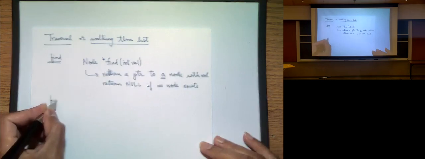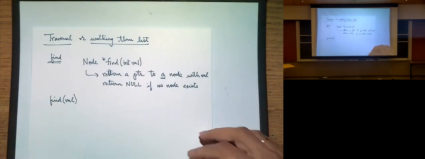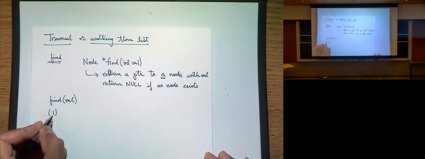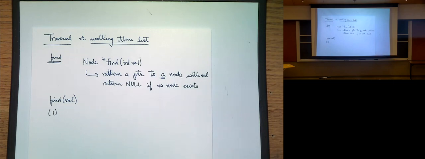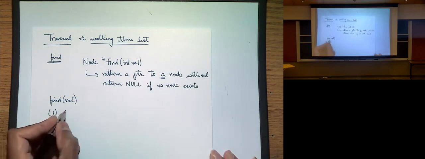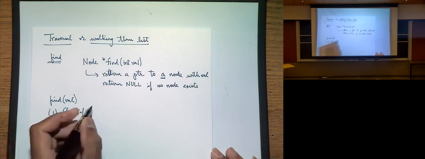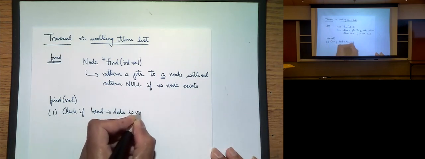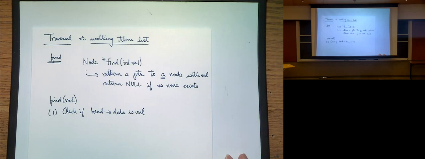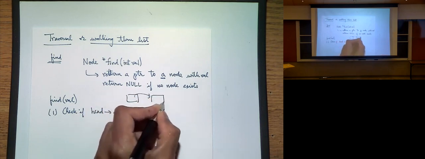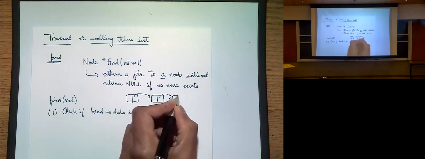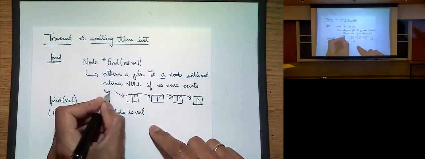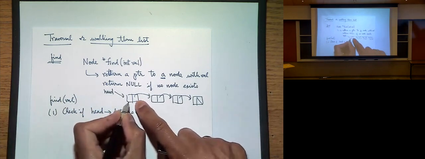So how is find val going to work recursively? Let me just write out the logic, without giving a base case. The base case should hopefully be obvious. The first thing you do is you check if head arrow data is val. Here's your linked list. So this is head. First check if head has the data.